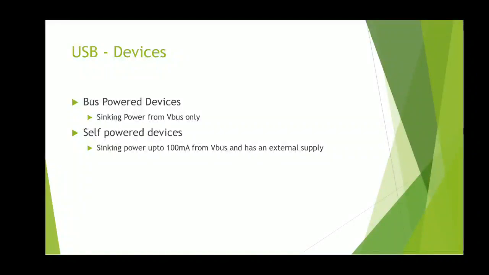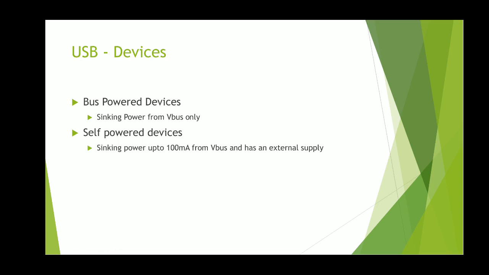Depending on the power which is taken from the USB port, the USB devices are classified into two. First one is bus powered devices. The bus powered devices take power from the V bus only. They don't have an external power supply. Examples of bus powered devices are keyboard, mouse, some speakers, etc. These use only the power of the USB bus to operate.